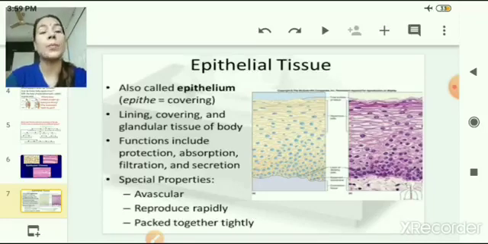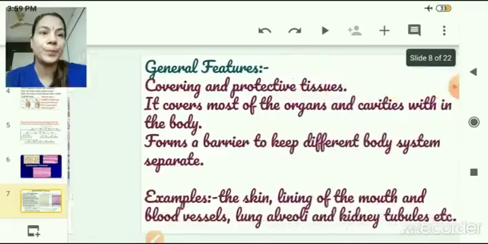Functions include protection, absorption, filtration and secretion, etc. There are certain specific properties of these epithelial tissues: they are avascular, they reproduce very rapidly and they are packed together very tightly.